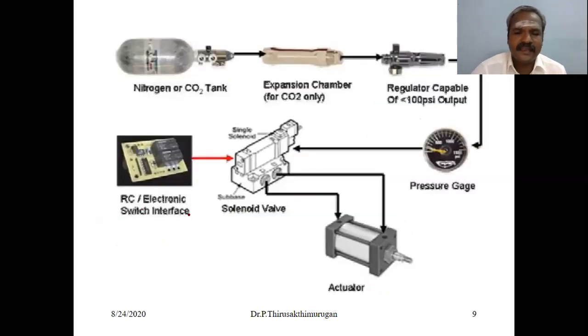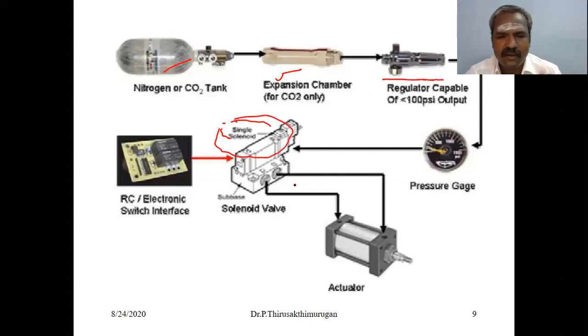This is the entire connection for a pneumatic drive. This is the tank, an air, nitrogen or carbon dioxide tank. This is the expansion chamber. This is a regulator. It will maintain the output pressure for the cylinder below 100 psi. Single solenoid. So this is an electrically actuated pneumatic drive system diagram. Solenoid is nothing but an electrical actuator.